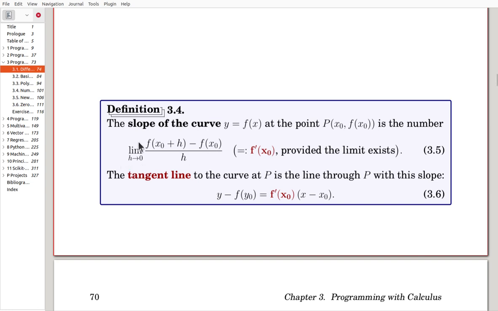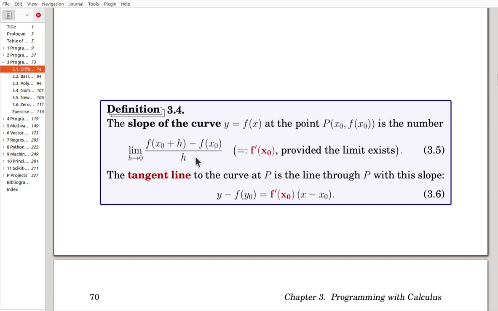Now, we push h to approach 0. In this case, we write the notation limit as h approaches 0. That means that after getting this quotient, we take h very small, tending to 0.